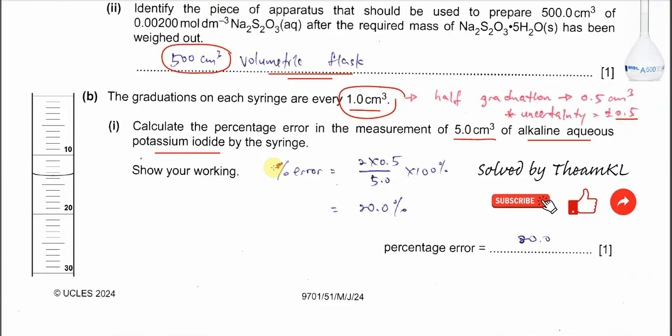Therefore in this part we need to use 2 times 0.5 over the volume of the solution times 100%. So we get 20% for this percentage error.